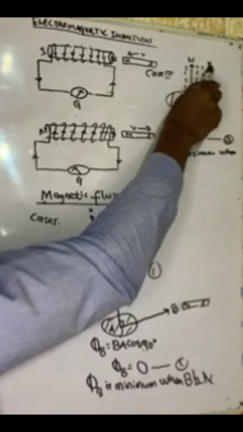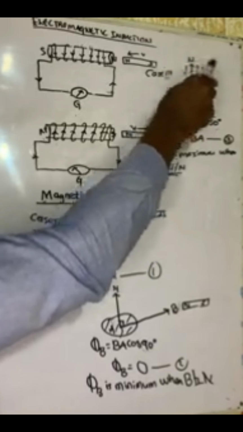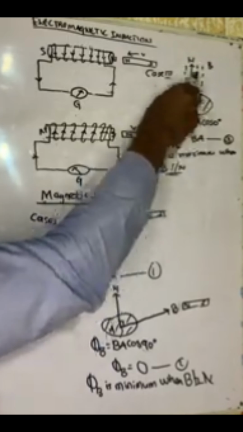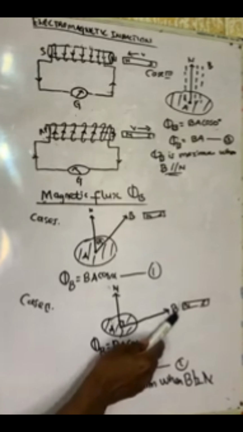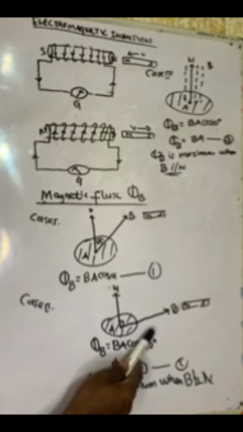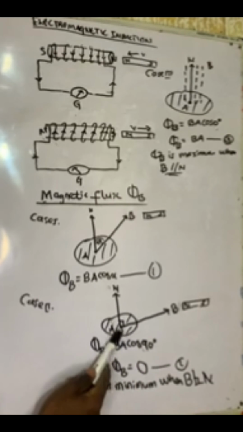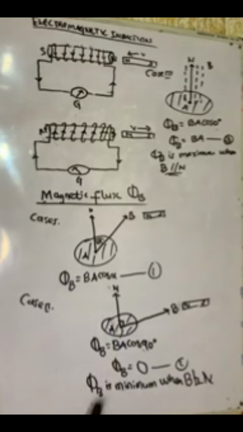Should the examiner tell you that the magnetic field is perpendicular to the surface of the conductor, it means that the magnetic field is also parallel to the normal. Here too, if they say the magnetic field is perpendicular to the normal, it means that it is parallel to the surface of the conductor.